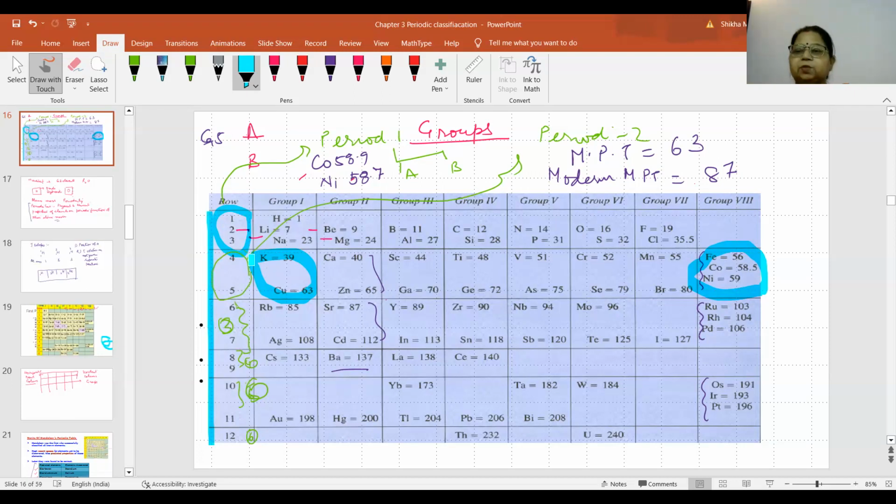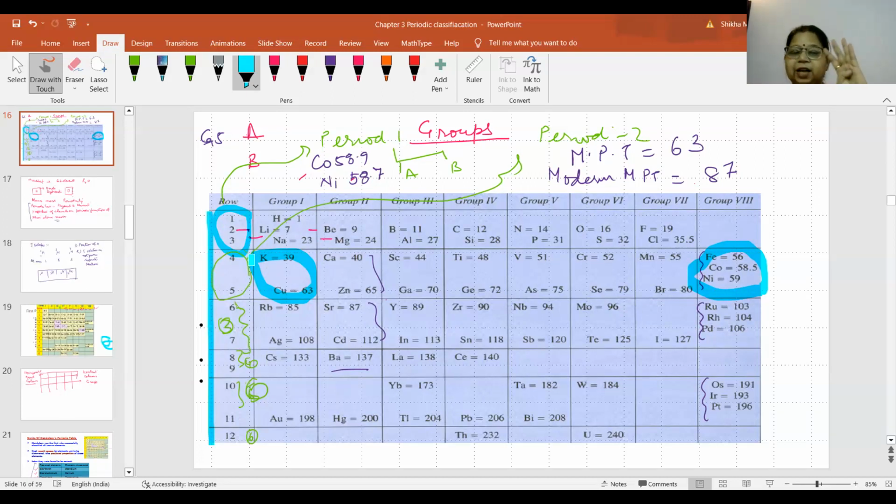So if somebody asks me, let it be a 2-mark, 3-mark or 4-mark question, to write the demerits of Mendeleev's periodic table, the first one is that the position of hydrogen is not satisfactory. Number 2, isotopes are not assigned separate positions. Number 3, at some places, the order of increasing atomic masses is reversed.